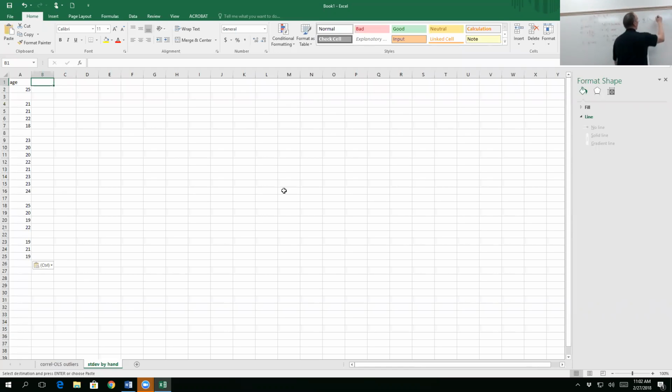X bar, the mean of X. Squared. Divided by either n or n minus 1. This one's going to be n minus 1, and the whole thing is square rooted, right? Okay. All right, so what's the first thing I need to find?